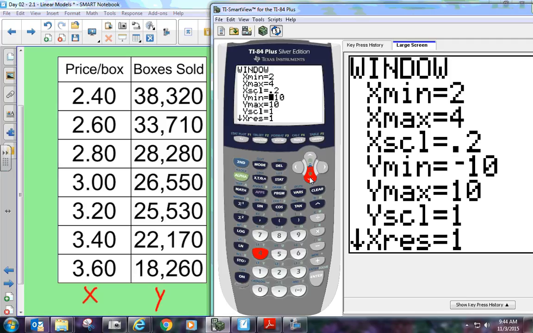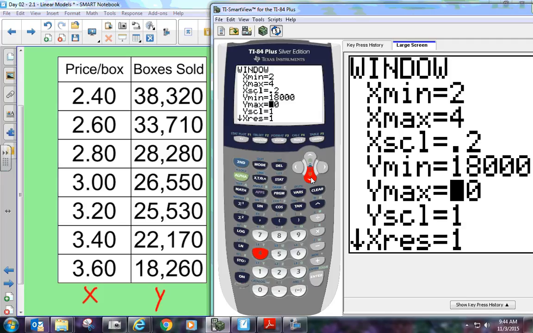Well, the smallest value is 18,000, isn't it? 18,260. So I would say at least 18,000. I could have made it 16,000, could have made it 15,000, doesn't matter. What do you think I should do for the max value? Yeah, maybe 39,000, maybe 40,000. Either one of those will have all your points on there.